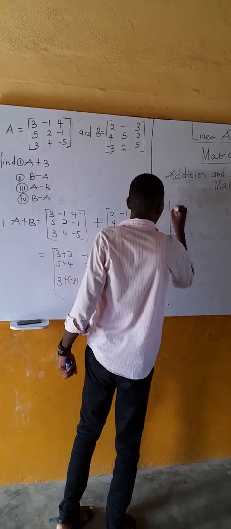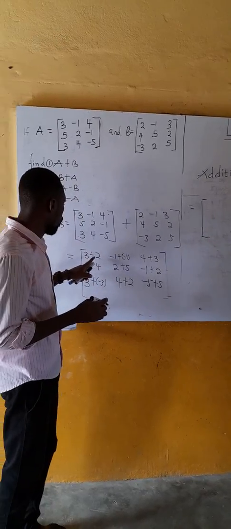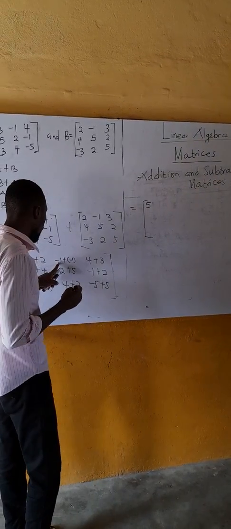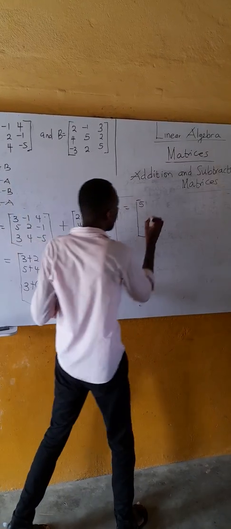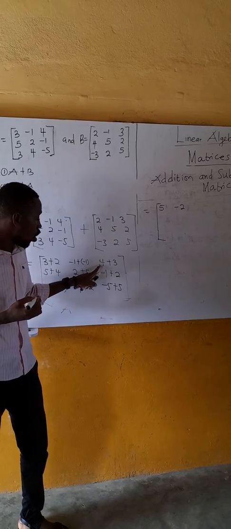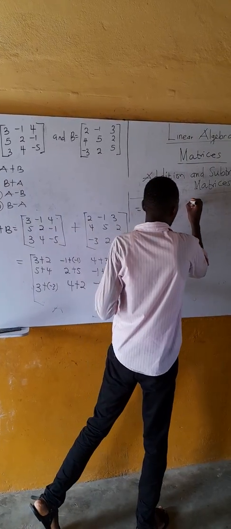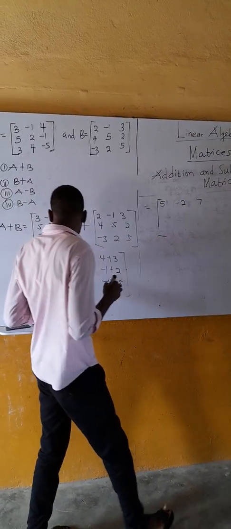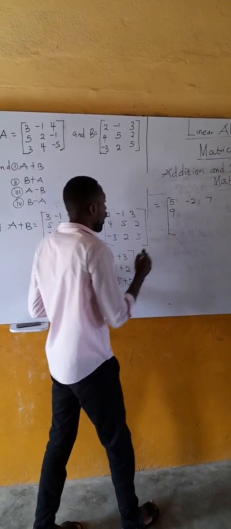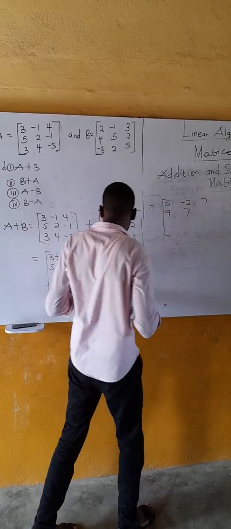Let's perform the operations on them. 3 plus 2 is 5. Negative 1 plus negative 1 will be negative 2. 4 plus 3 is 7. 5 plus 4 is 9. 2 plus 5 is 7.